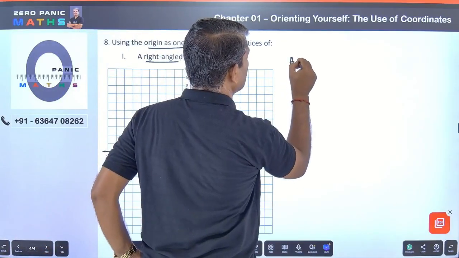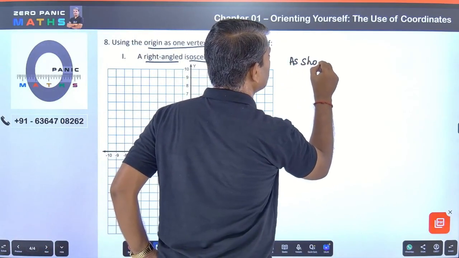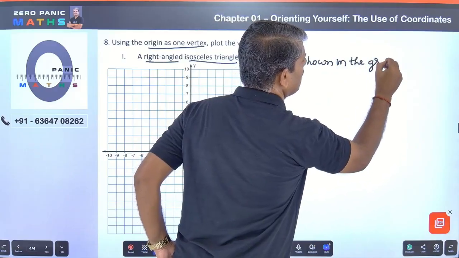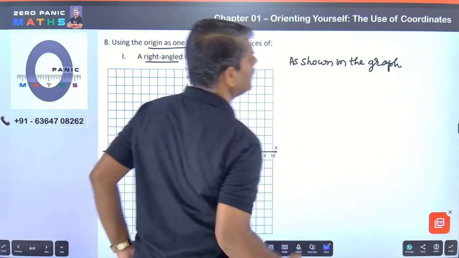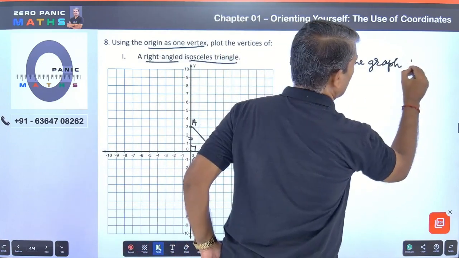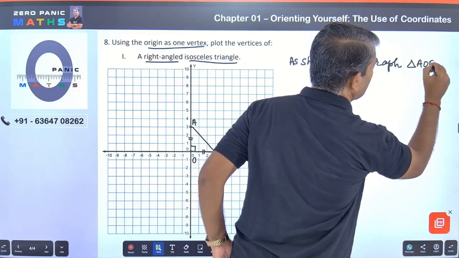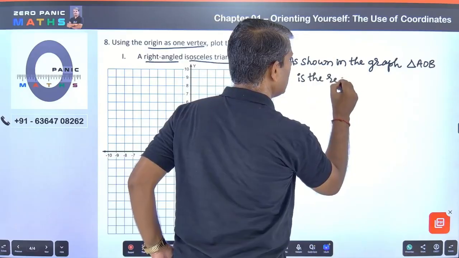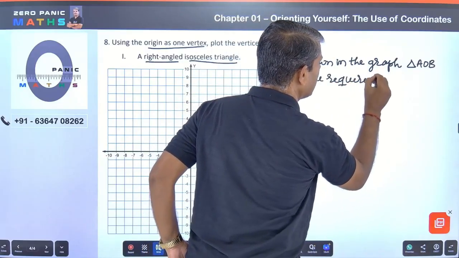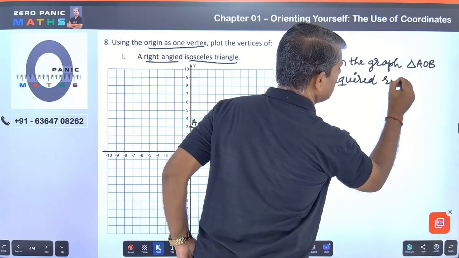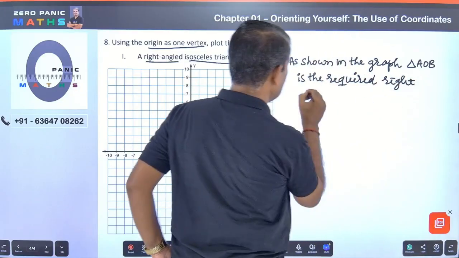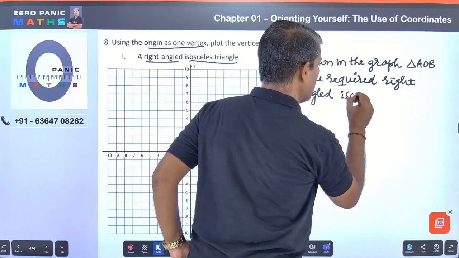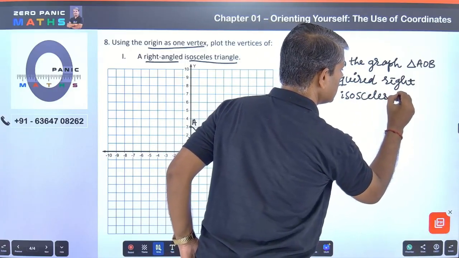As shown in the graph, triangle AOB is the required right angled isosceles triangle.